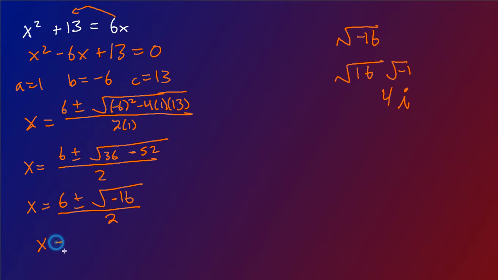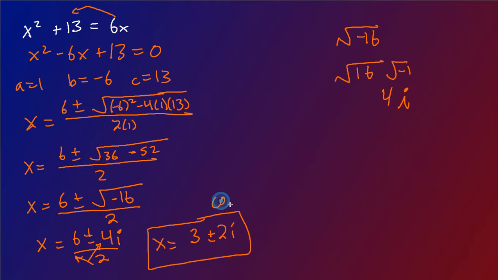So I can replace this with x equals 6 plus or minus 4i all over 2. So x equals, see, I can divide both of those by 2. So I do. So 3 plus or minus 2i. And this is our answer. And these are my complex roots.